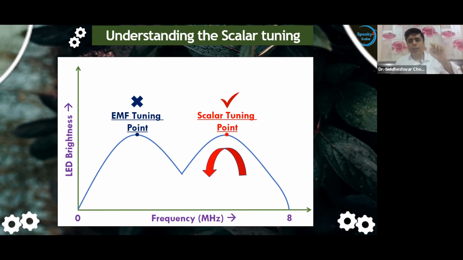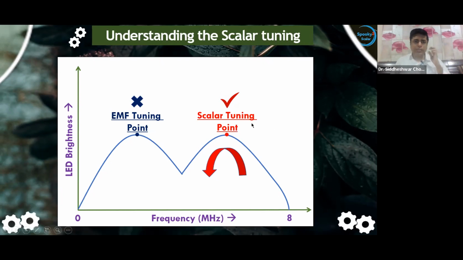And you can turn off that LED. It's very important to turn off the receiver LED, which is meant only to confirm that scalar field has been formed, right? So you tuned the scalar point from the transmitter, but you confirmed it from the receiver LED. Is that clear?